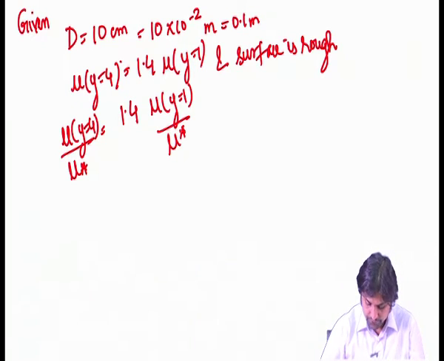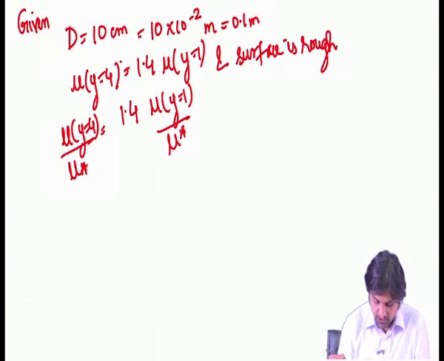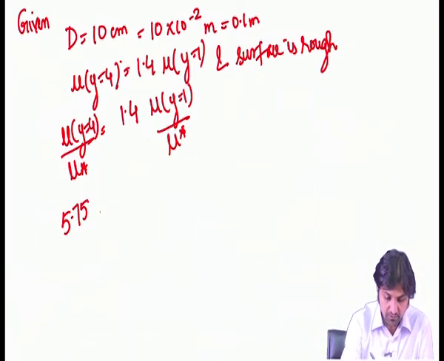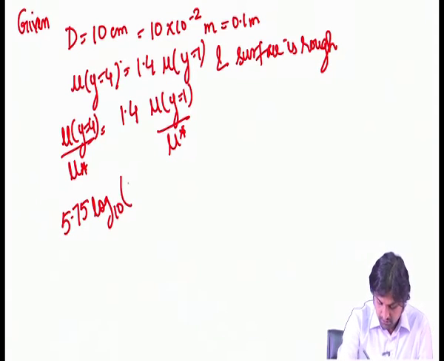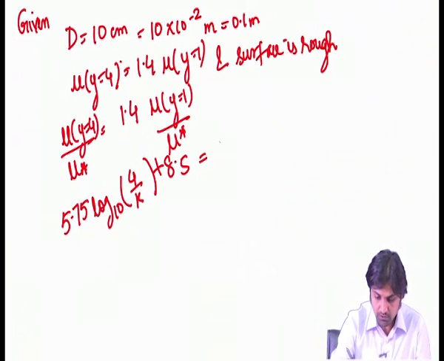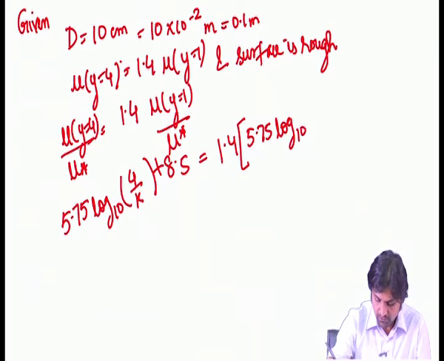Okay. So what we do, we write this. So we write on the left hand side 5.75 log base 10 4 by k because it is rough plus 8.5 is equal to 1.4 times 5.75 log base 10 1 by k plus 8.5.